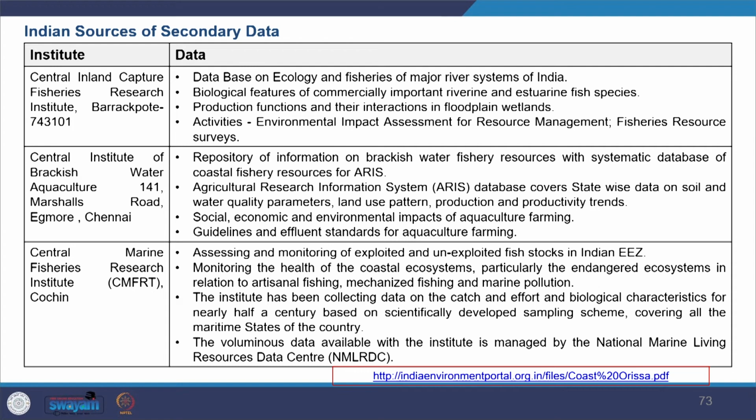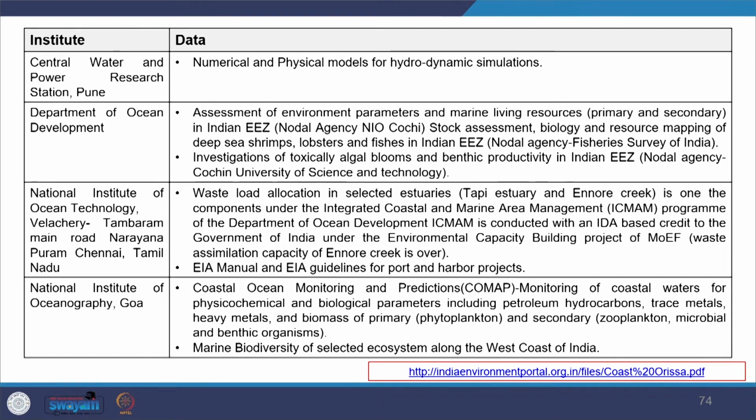All these you can get. Then you have the Central Marine Fisheries Research Institute, which again keeps data. Then you have the Central Water and Power Research Station, which also maintains data. Then you have the Department of Ocean Development.